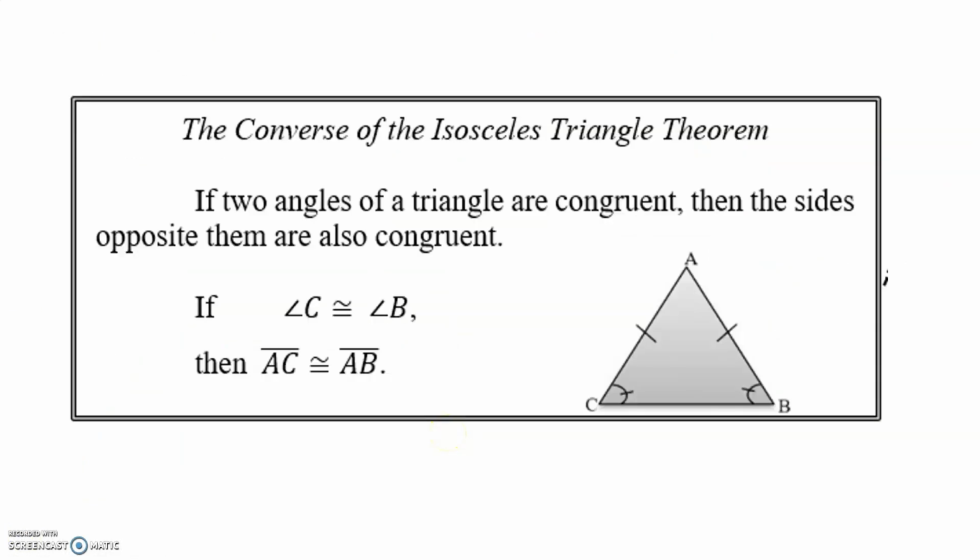Now let's have the converse of the isosceles triangle theorem. If two angles of a triangle are congruent, then the sides opposite them are congruent. So this is just the converse of the isosceles triangle theorem. Here, if angle C is congruent to angle B, then side AC is congruent to side AB.